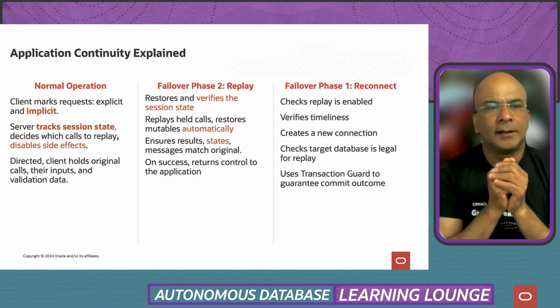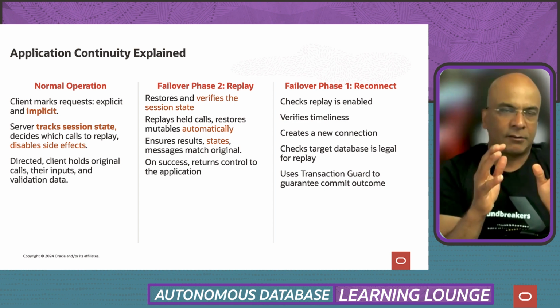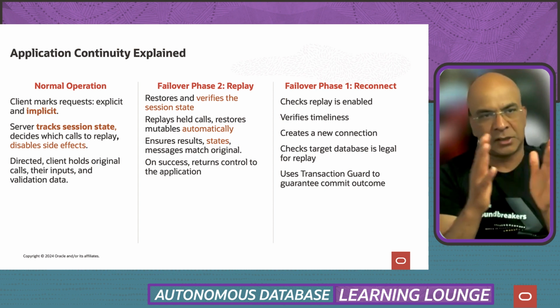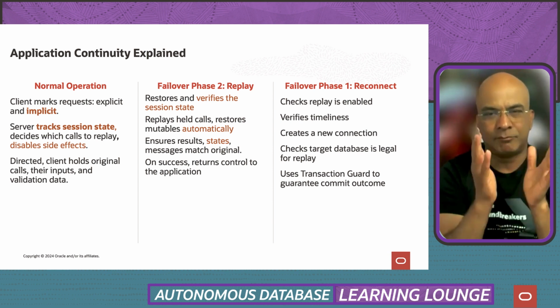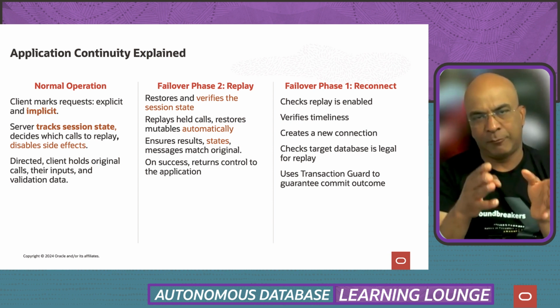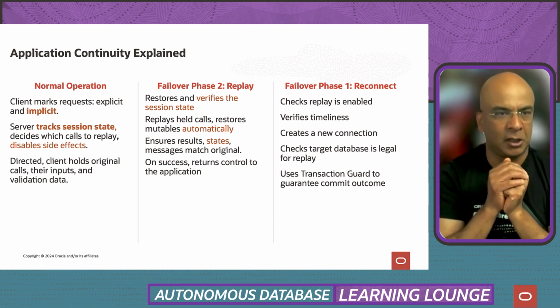So why is that? Because remember, Application Continuity or TAC, I interchangeably use TAC and AC, but for the purposes of this presentation, both are very similar. The way they differ, I'll explain in my last slide, and that way you can decide which one to use.